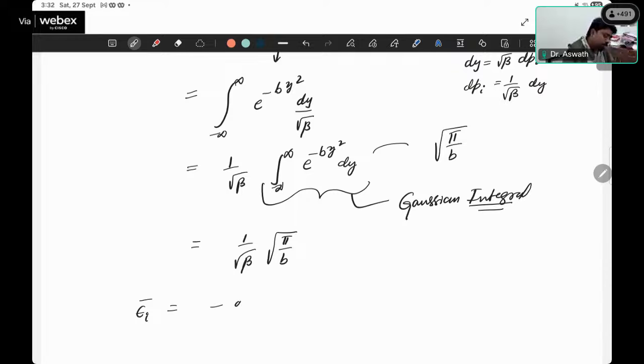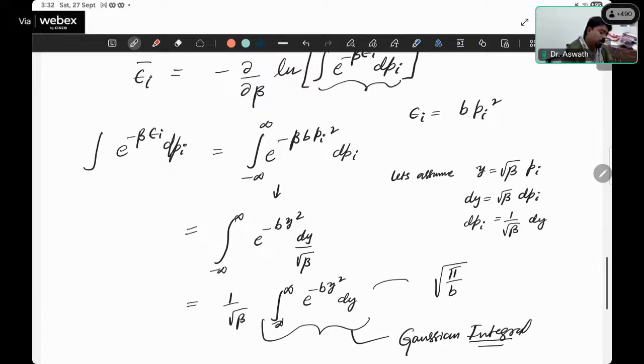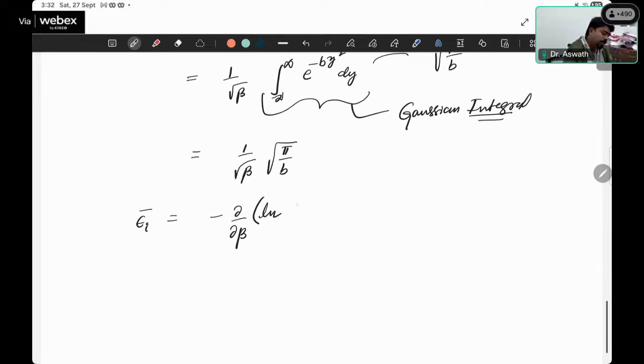Average energy is minus the derivative with respect to beta of the log of this integral. I found the value of the integral, which is 1 by square root of beta times square root of pi.